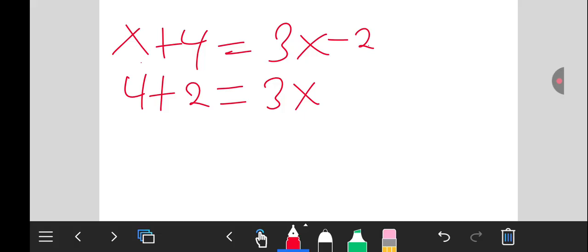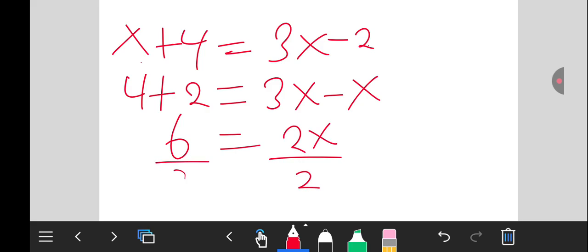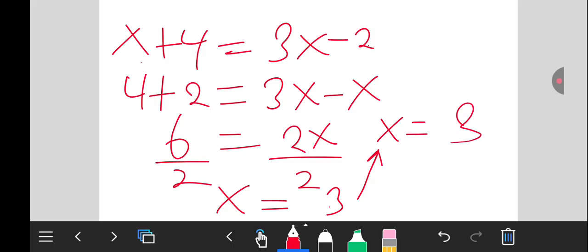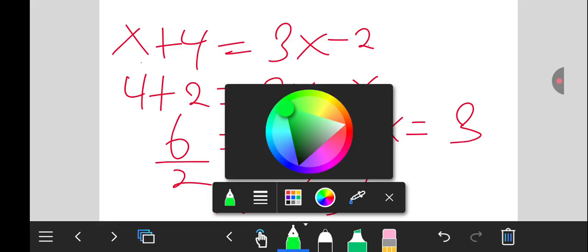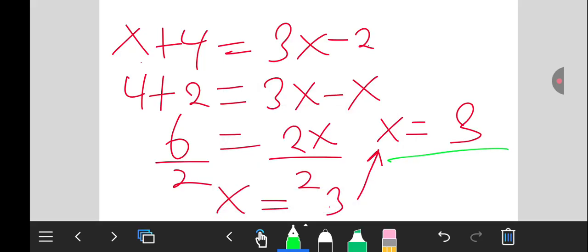We find the additive inverse of positive x, which is negative x. So just say minus x on both sides. So 4 plus 2, that is 6, is equal to 3x minus x, that is simply 2x. To find the value of x, we divide on both sides by 2, and x will be equal to 6 divided by 2, that is simply 3. So we have x is equal to 3, and that is the answer. Okay?